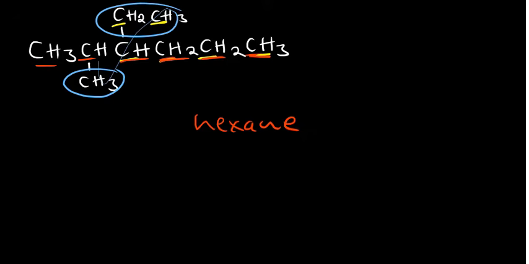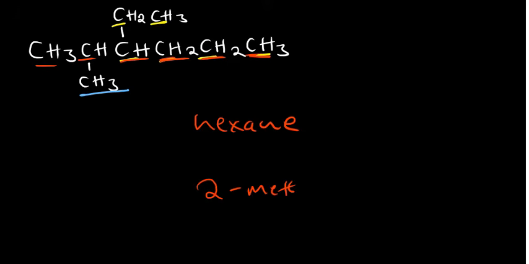The one with a single carbon is called methyl, on position 2, so we have 2-methyl. And then the one on top has 2 carbons, on position number 3, which is ethyl.